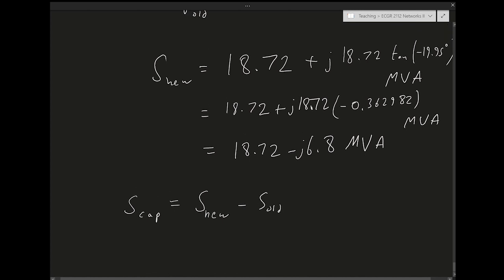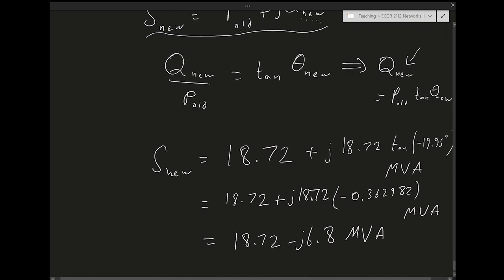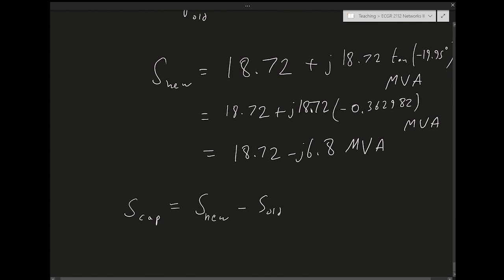If I do S nu minus S old, as I expect, the real part cancels because it's only capacitors. We don't have any resistors there, and I end up with minus J 21.82 MVA. So I end up with Q that is negative, which is consistent with a cap.